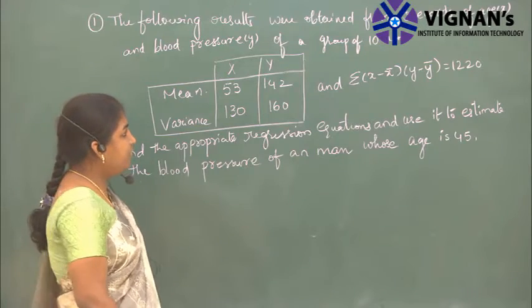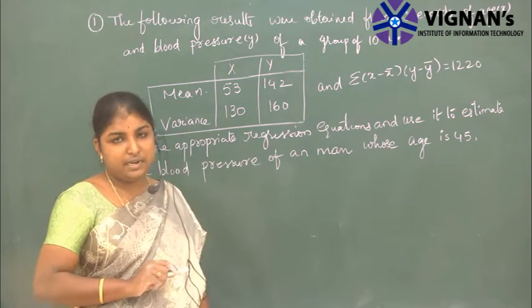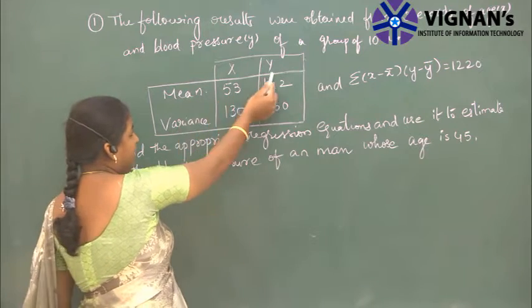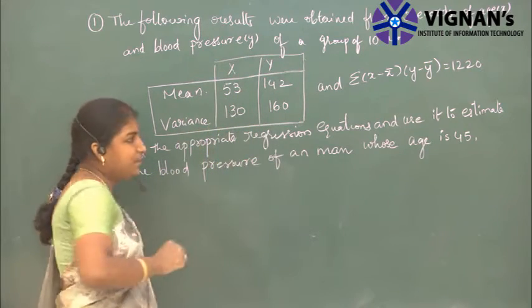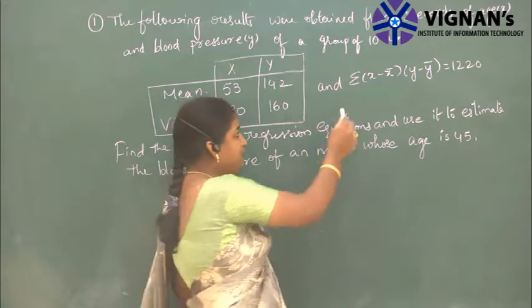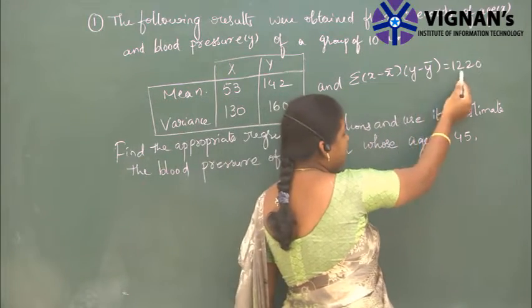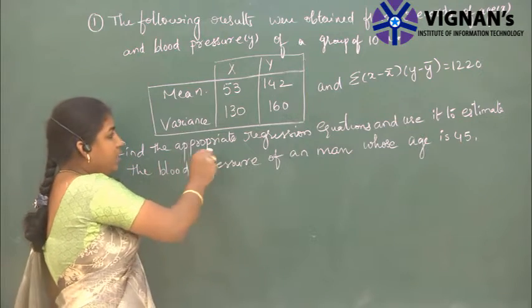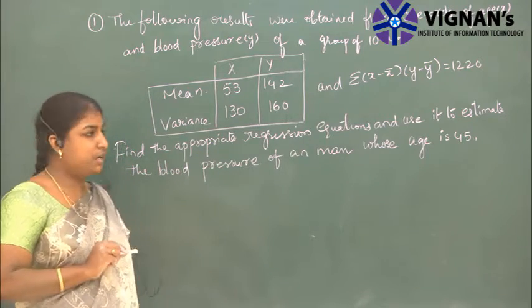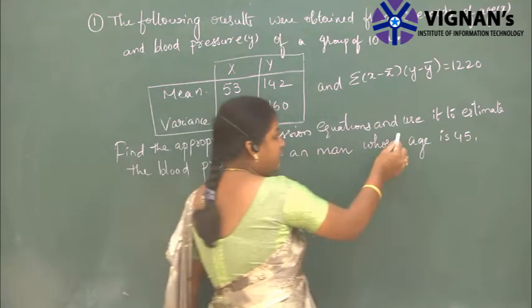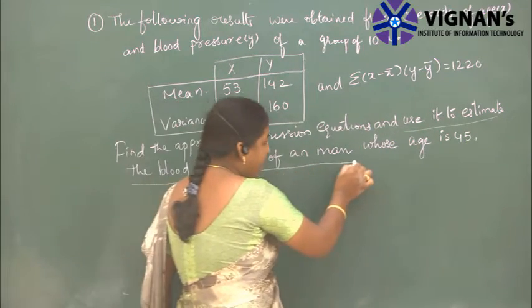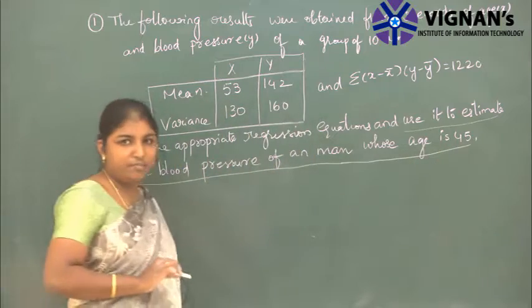Taking a group of 10 members, the data is given, and they are also giving the mean of x and y, the variance of x and y, and also the summation of x minus x bar into y minus y bar equal to 1220. Here we want to find the appropriate regression equation and use it to estimate the blood pressure of a man whose age is 45.